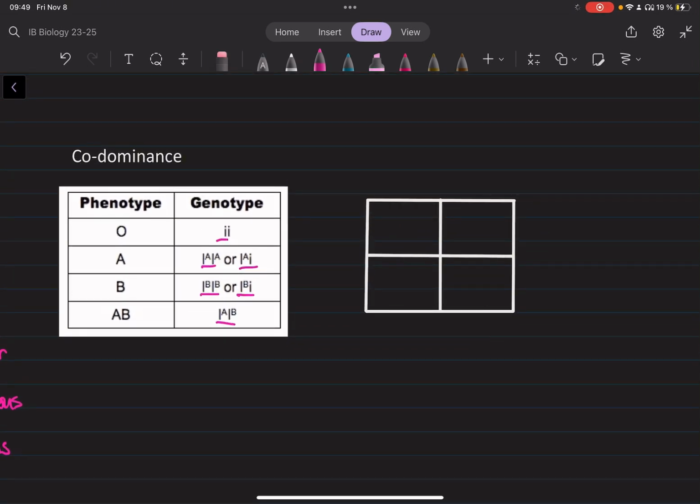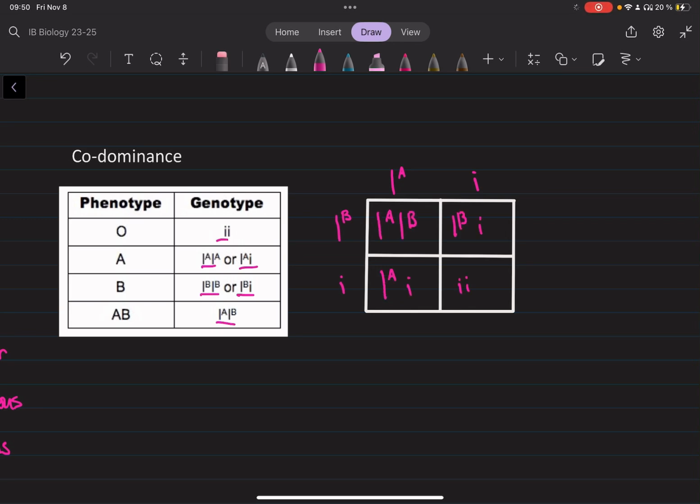For the child to have a 25% chance of having each blood type, the first parent would have to have an A allele and an O allele, and the other one would have to have a B allele and another O allele. And then once we fill this out, you'll see that it'll be 25%.